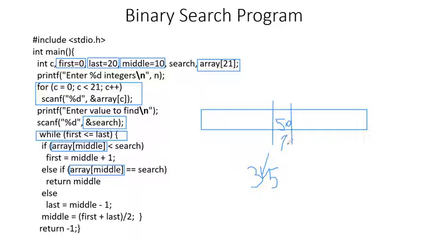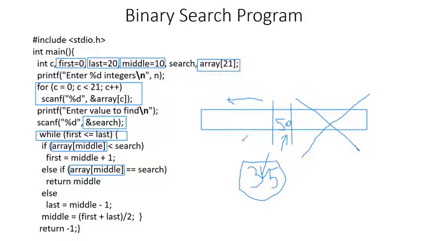Now 35 is less than 50, so the element cannot be in this part of the list, because the list is in ascending order and all the elements on the right hand side of 50 are greater than 50. So that means if the element 35 exists in the list, it can only exist on the left of 50.